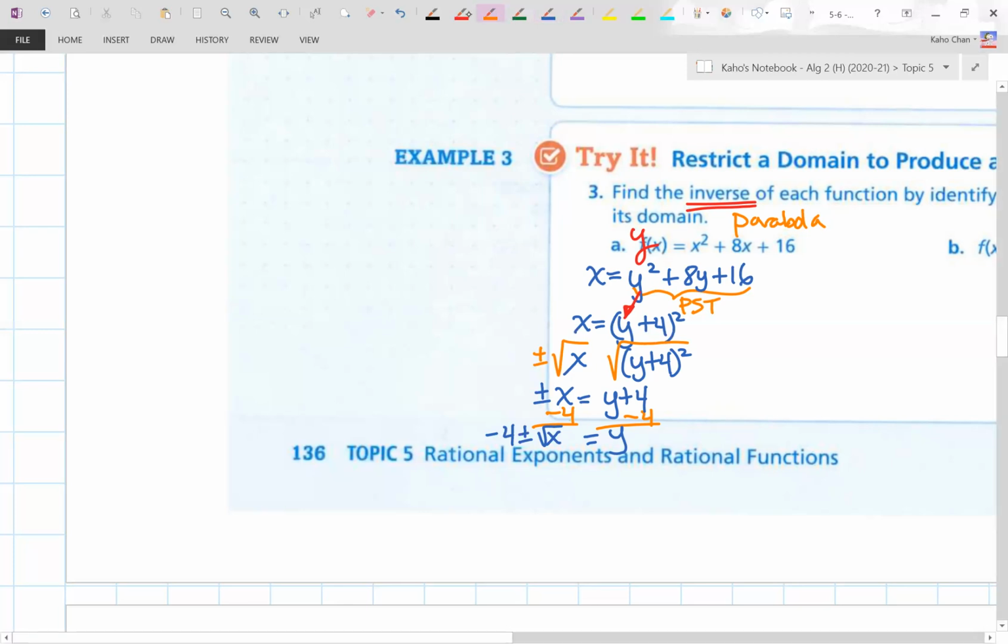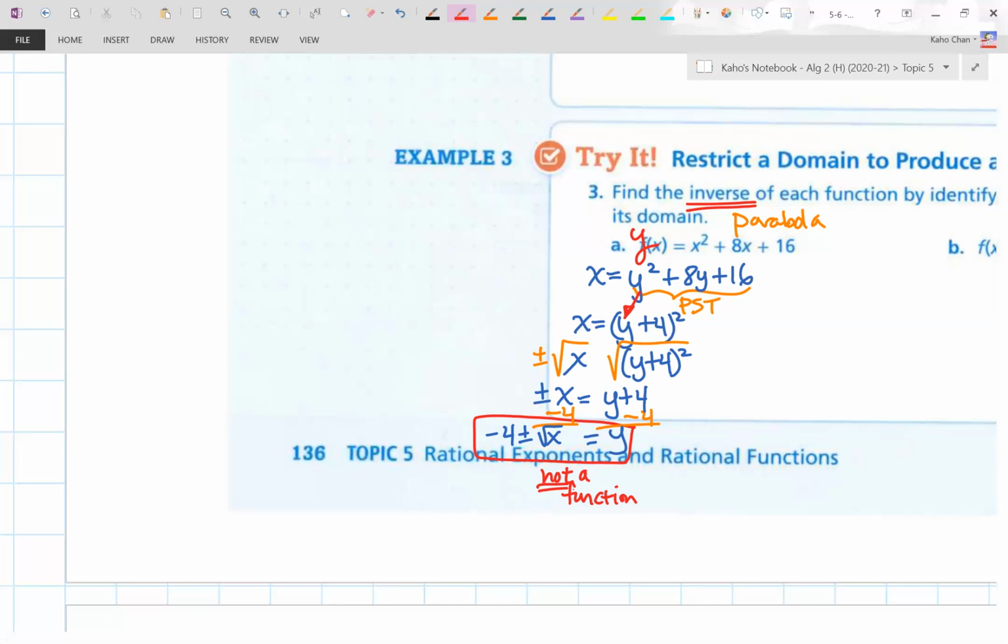Now here's the challenge. This particular inverse is not a function. Think about the parabola flipped and rotated, right? It will fail the vertical line test. So here, what you want to do is look at only 1/2 of it.